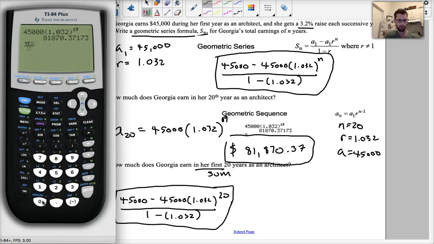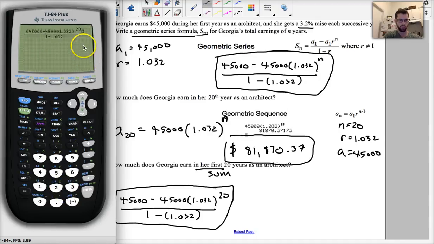All right, now I'm just going to enter this in here. So 45,000 minus 45,000 times 1.032, all raised to the 20th power, because in this case it's raised to the n, and then 1 minus 1.032.